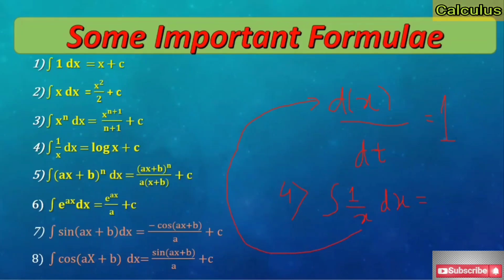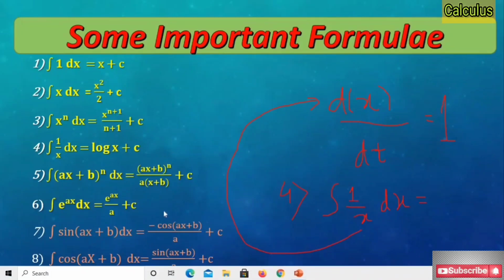If you take the derivative of x, then you will get 1. If you are getting the numerator part, then you can write log of the denominator part plus any constant, right?